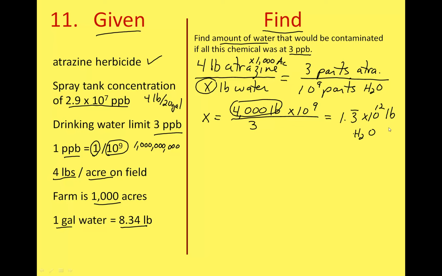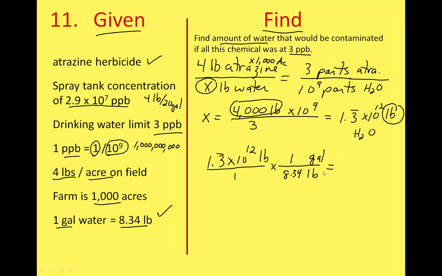Okay, now we have to translate pounds into gallons. So we start off with 1.3 times 10 to the 12th pounds, and we put this over 1 and multiply it by our conversion factor. And what is our conversion factor? It's back over here. So we put pounds below, and we put gallons up above. There's 8.3 pounds of water for every 1 gallon of water.